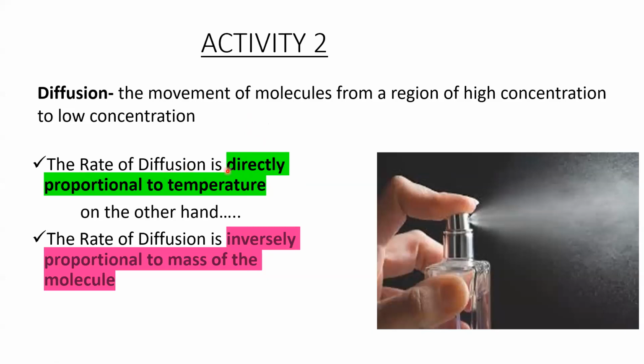The rate of diffusion is directly proportional to temperature, and inversely proportional to the mass of the molecule. You will actually be seeing this in the experiments we conduct. You'll see that heavier molecules move more slowly than lighter molecules at the same temperature.